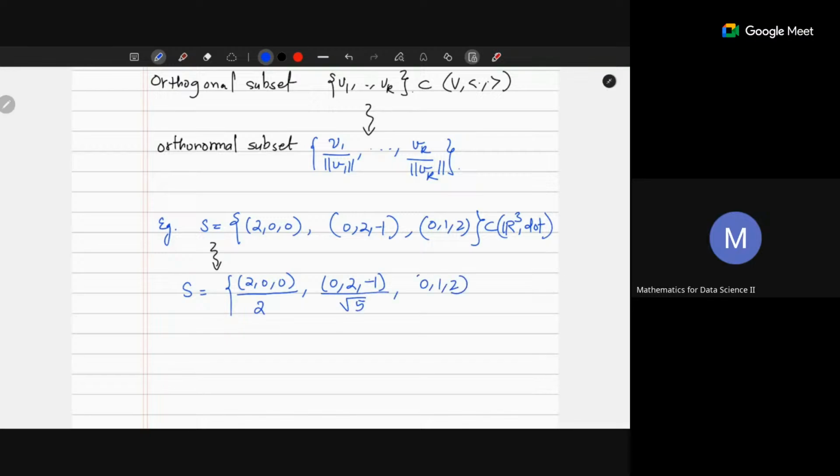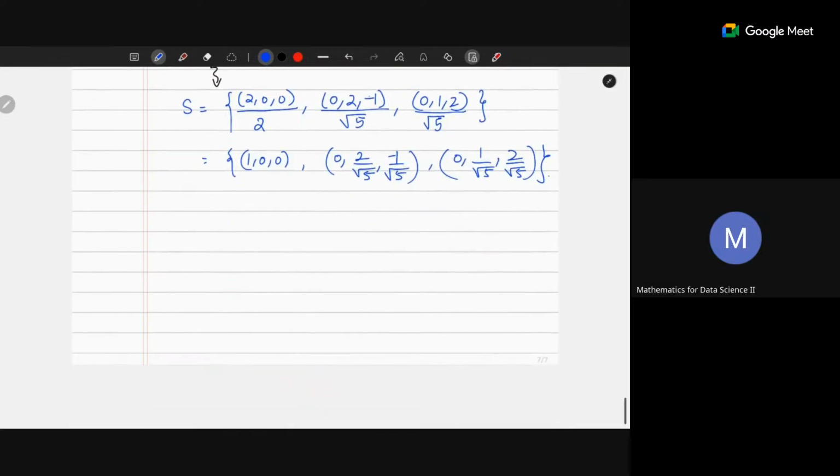What is the norm of the third vector? Root 5 again. Right. So we get 1, 0, 0, then 0, 2 by root 5, minus 1 by root 5, and 0, 1 by root 5, 2 by root 5.